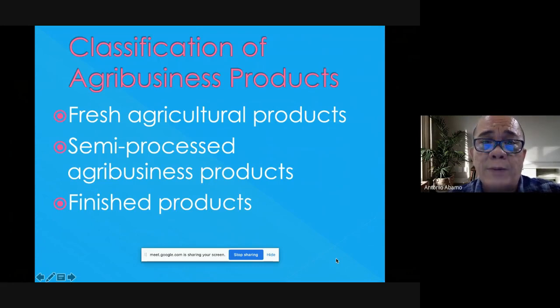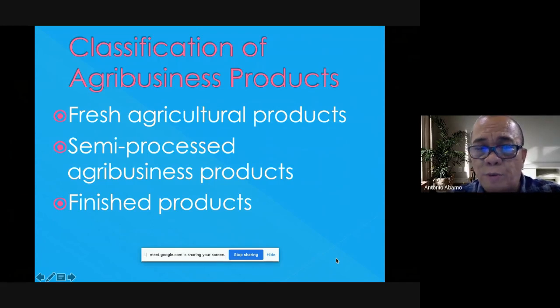Agribusiness product comes in 3 classifications. One is fresh agricultural products. We also have semi-processed agribusiness products, and the last classification is finished products in agribusiness.